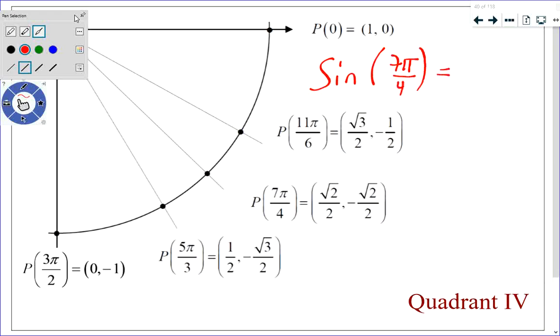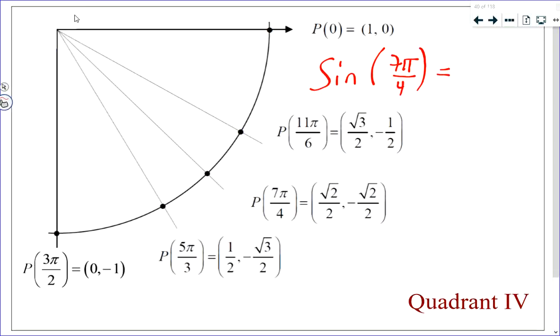Then I know that the sine on the unit circle is the y coordinate, so I look at 7 pi over 4, it's down here. And I look at the y coordinate, so it gives me quick, easy access to trigonometric values. I know the sine of 7 pi over 4 is negative root 2 over 2. And that's what we get caught up in. And it's a good thing. You need to know that.